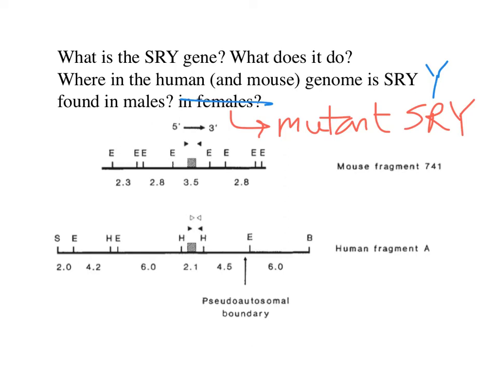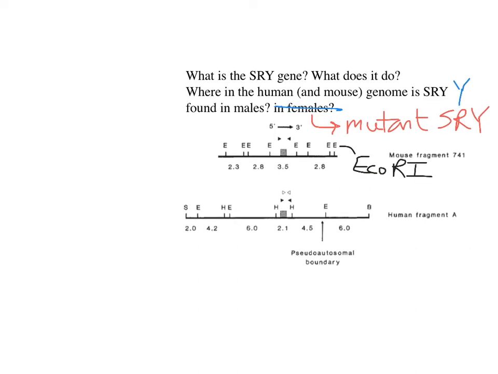E stands, in this case, for EcoR1, which is a very commonly used restriction enzyme. So if you were trying to, and this is what these authors were doing, if they wanted to isolate the SRY gene from a male mouse, and put it into an XX, presumably female mouse, if you cut up this part of the Y chromosome and you electrophoresed all those fragments, what size piece of DNA would you be looking for to add to the females?